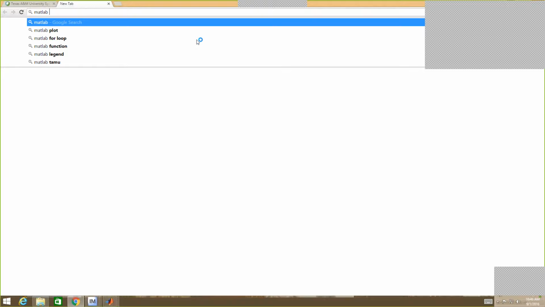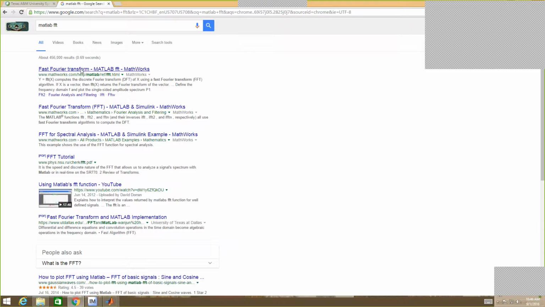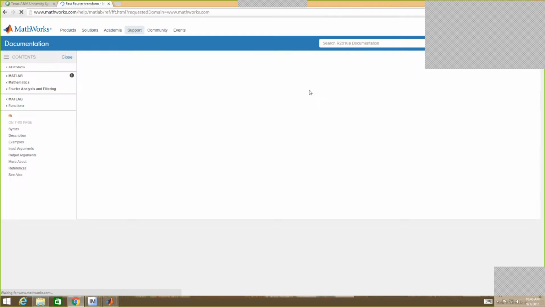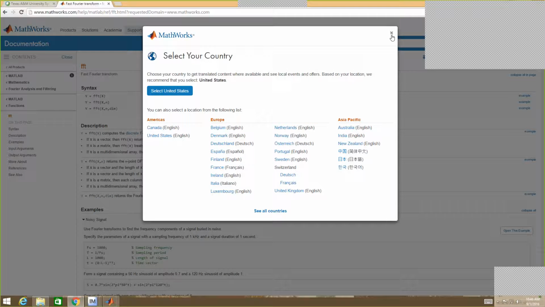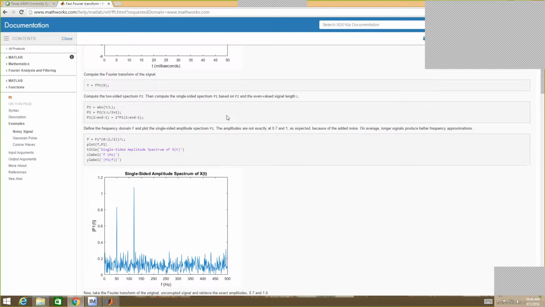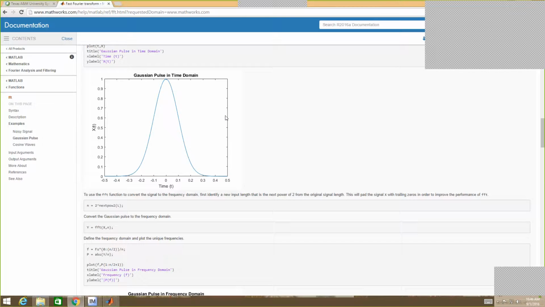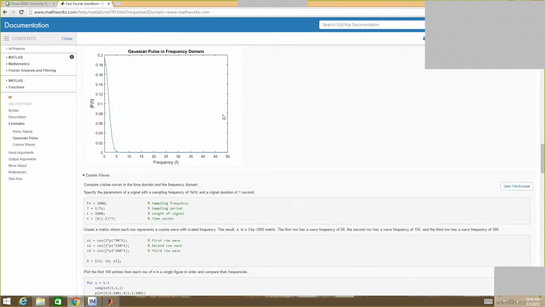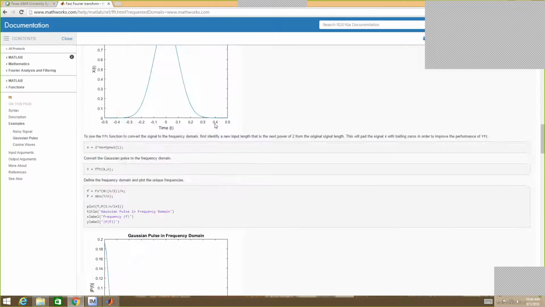You can maybe just search for fast Fourier transform MATLAB, and you can read a little bit more about it here. There are a couple of examples which they provide, and I would advise you to definitely go through this page, play with it a little bit and see what exactly FFT does.